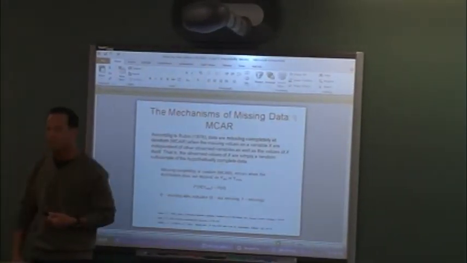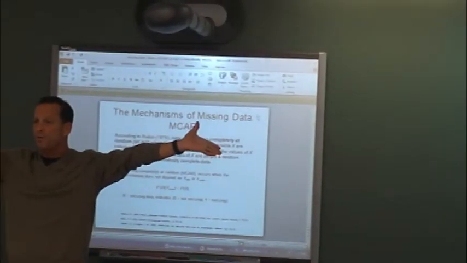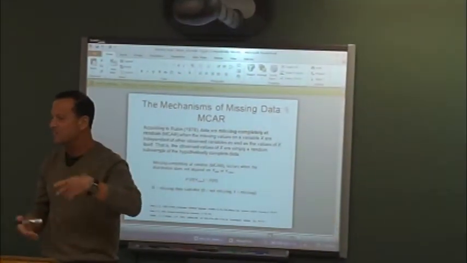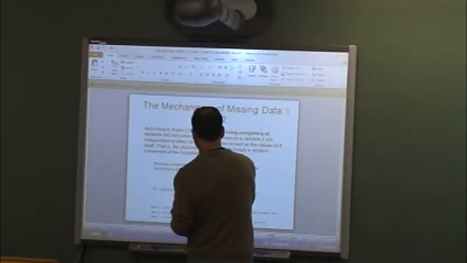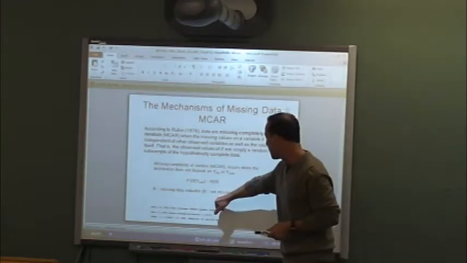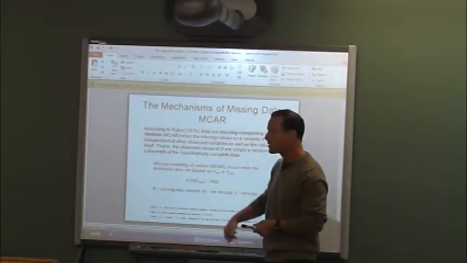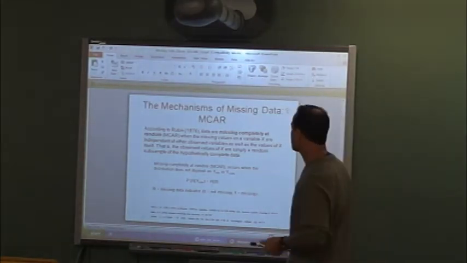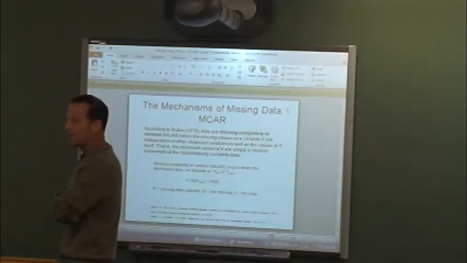What does MCAR mean? Missing completely at random means you've got 150 people from a population, 20 are missing, and that 20 is just a random subset of the 150. Which means the probability of R, where R is a missing data indicator, 0 means not missing, 1 equals missing, given the outcome is just the probability of R. It doesn't depend on the observed data or the complete data.